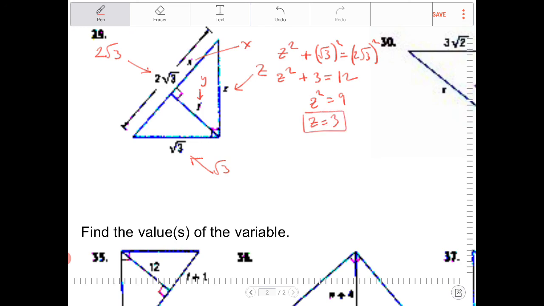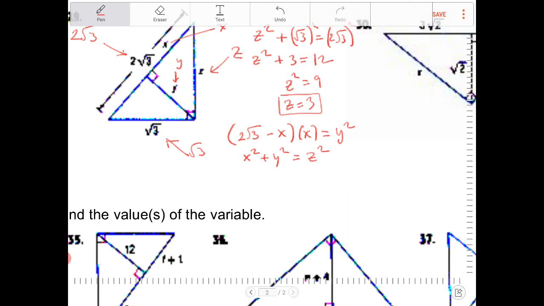Now that I know that z is equal to 3, I can then apply the concept. So I know that 2 square root of 3 minus x times x is equal to y squared. I know that x squared plus y squared is equal to z squared. So because of this, I can substitute y squared into the second equation.